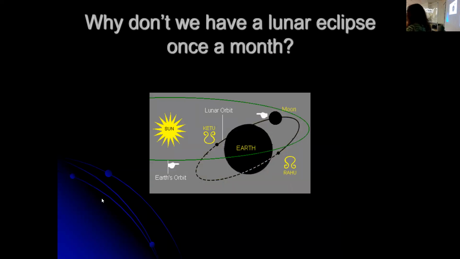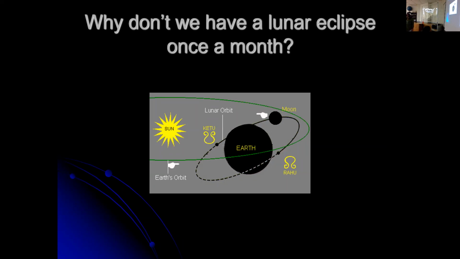So why don't we have a lunar eclipse once a month? Lacey? Think about the tilt of the orbit of the moon.